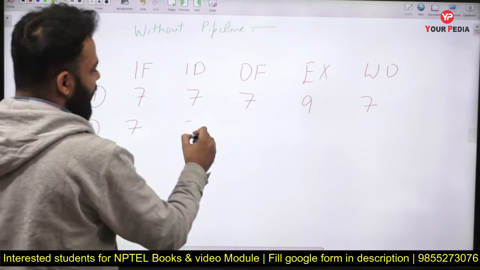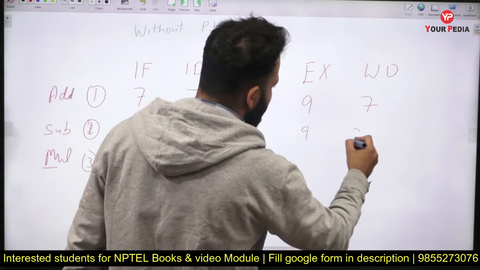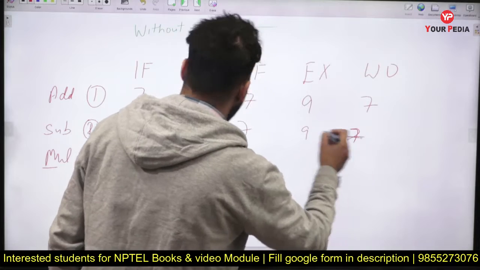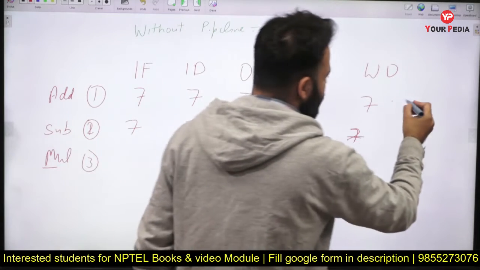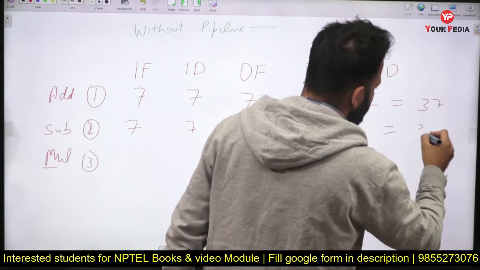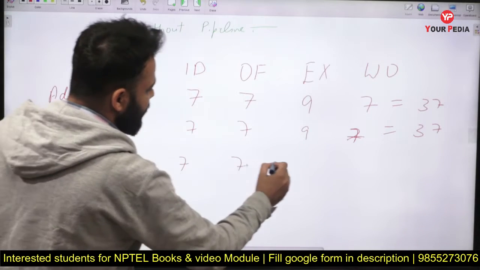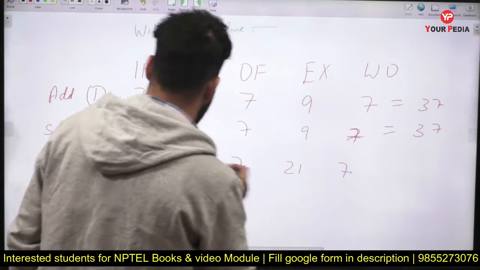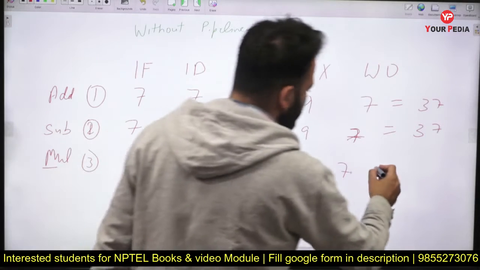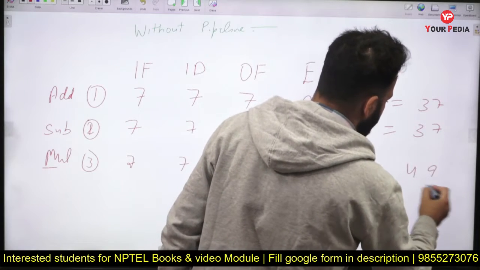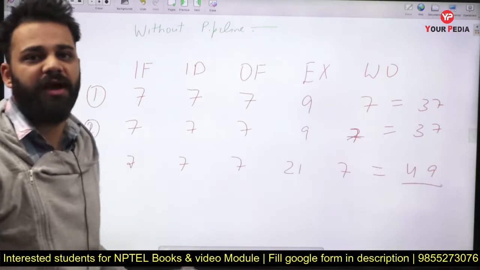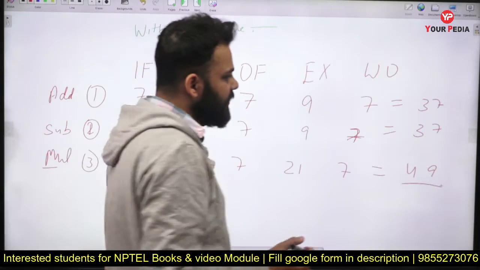For subtract again 7, 7, 7, 9 and 7. So this will be 37 for this and 37 for this. For this you have to take 7, 7, 7, 21, 7. It will be 49.